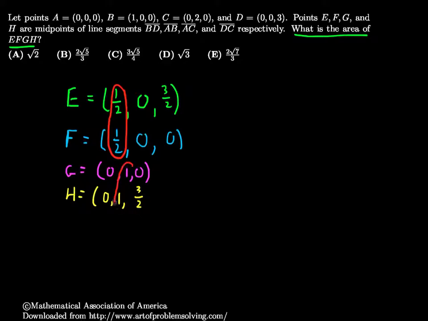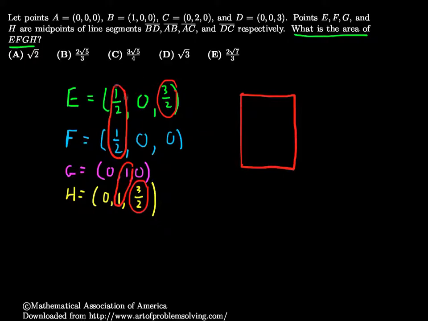These are both out at a y of 1 while those are both at y of 0. And these are both at z of 3 halves while the other two are at 0. So we have this rectangle. I'm just going to draw a rectangle. We'll find out the lengths and then find the area from there.